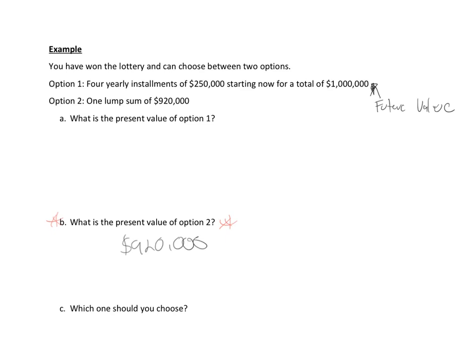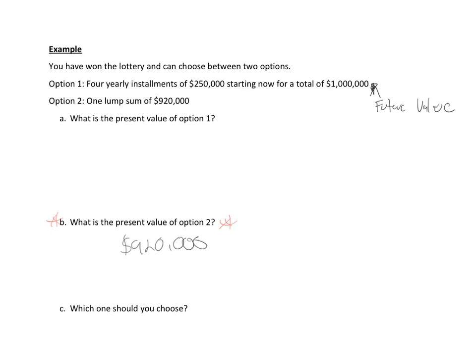The problem is right now we can't compare those two because option 1 is a future value and option 2 is a present value. So what we're going to do is take option 1 and calculate its present value. So each one of those individual payments is going to have a present value.